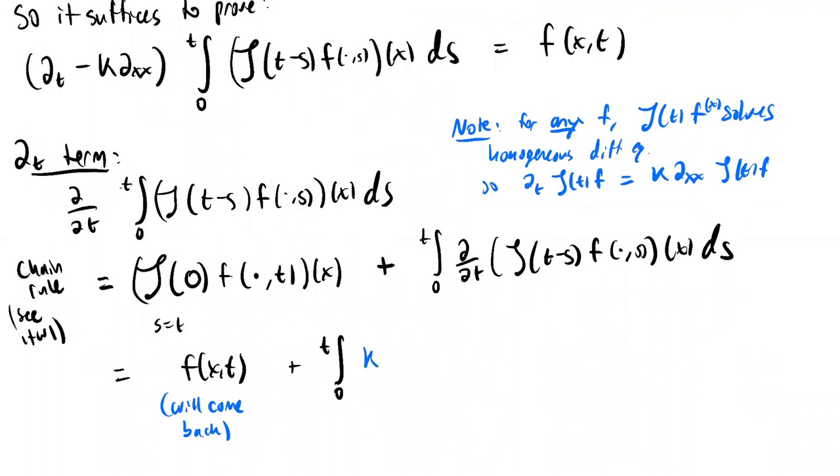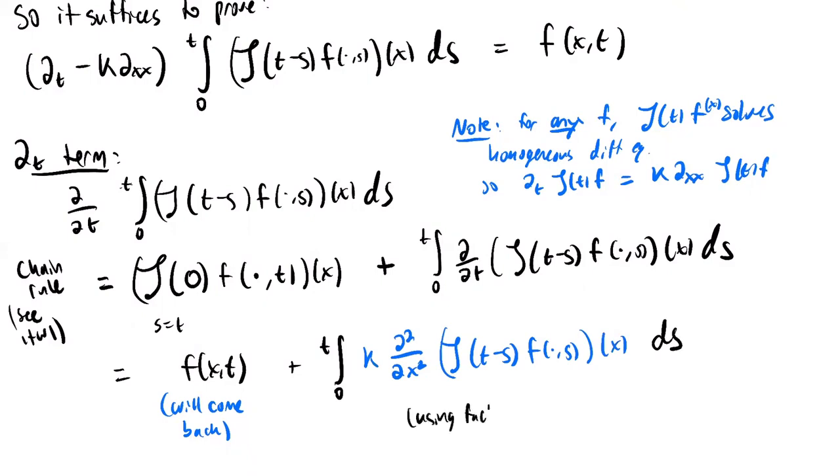So this is just going to be equal to k times the second derivative with respect to x of the same thing. The function doesn't change. So we're using the fact that the solution operator solves the homogeneous PDE.